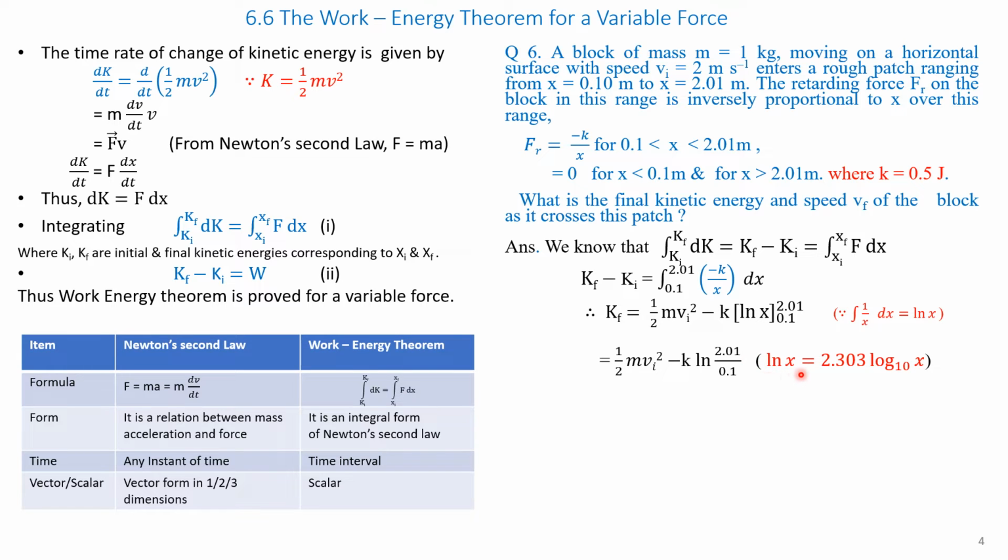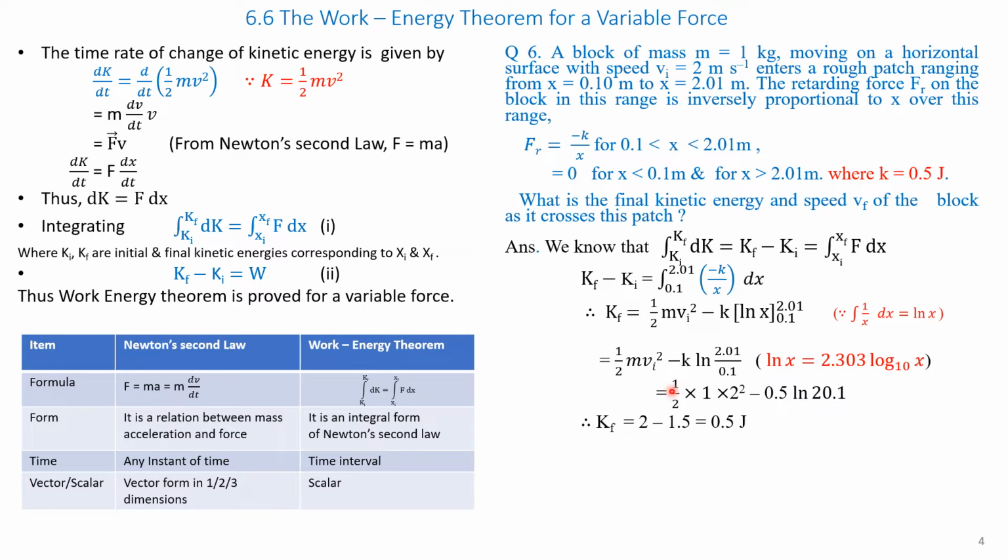We know that natural log x is given by 2.303 log of x to the base 10. So that can be written as half into mass, which is 1 kg, into initial velocity, 2 meters per second, whole square, minus k, which is 0.5, into natural log of 20.1, simplifying 2.01 by 0.1.